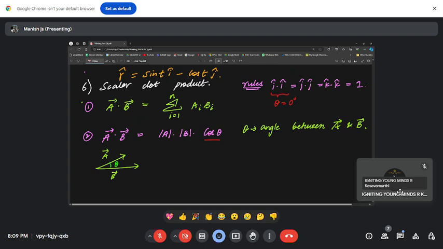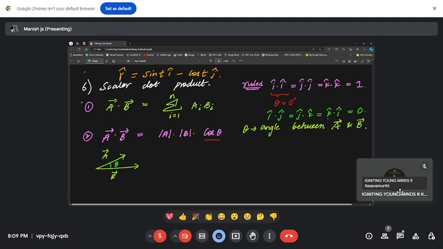Now what about i dot j? What will be its value? If I take i dot j, j dot k and k dot i, you know that the angle between these vectors is 90 degrees, and cos 90 is going to be 0, and hence the answer for all of these is going to be 0.